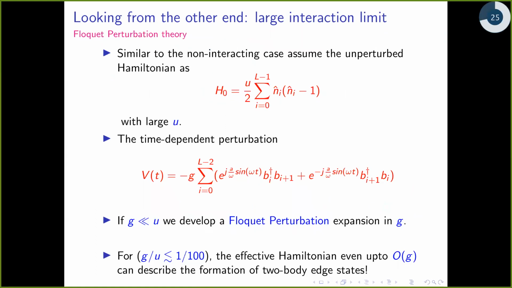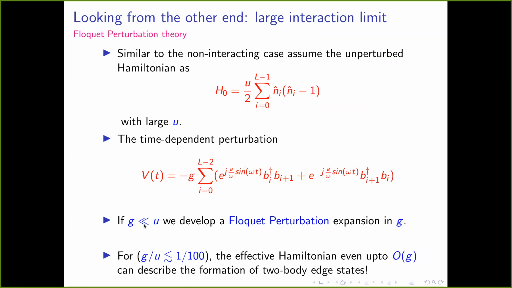Okay, so this was again done numerically, but we can also do some Floquet perturbation expansion like in the non-interacting case. And here the Hamiltonian to start with is the interacting part, U by 2 times n_i(n_i minus 1), with a large U, and the time-dependent perturbation is V(t), the driven part.